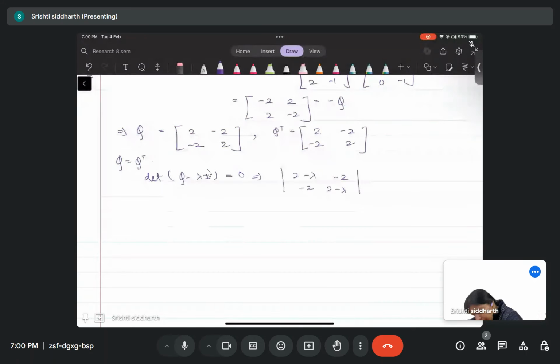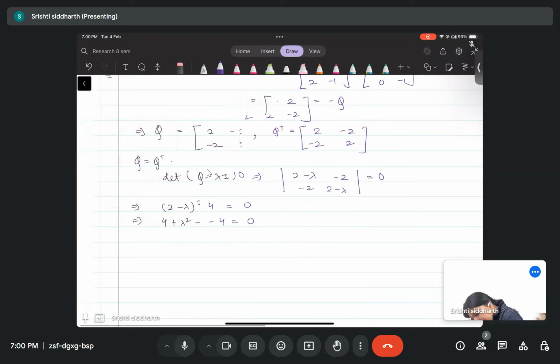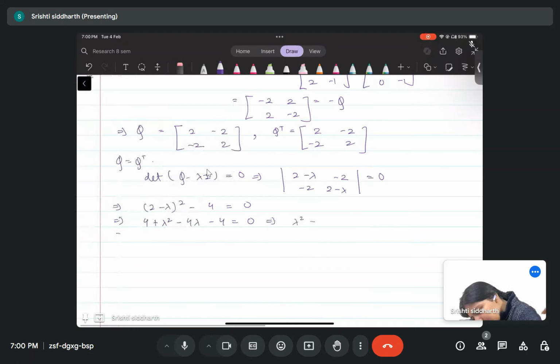We have 2 minus lambda squared minus 4, which is 4 plus lambda squared minus 4 lambda minus 4, giving eigenvalues 0 and 4.